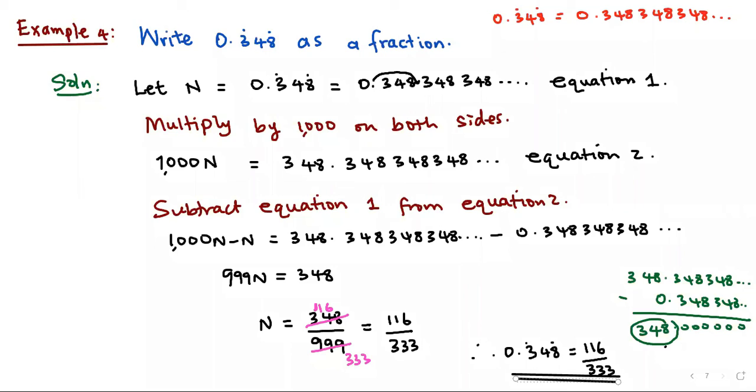Okay, so from what we have seen, you can note that in example number 1, we had 0.7 repeating, and we saw that this is 7 out of 9. In example number 3, we had 0.42 repeating, which is 42 out of 99.